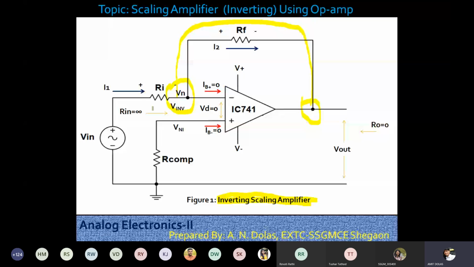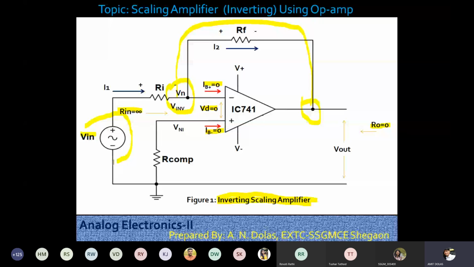Now, here I have shown all the ideal characteristics. Input impedance infinite, no current passes into the op-amp, both the terminals, differential voltage is 0, output impedance is 0. Now we'll move to the circuit connection. You can see what is the input.